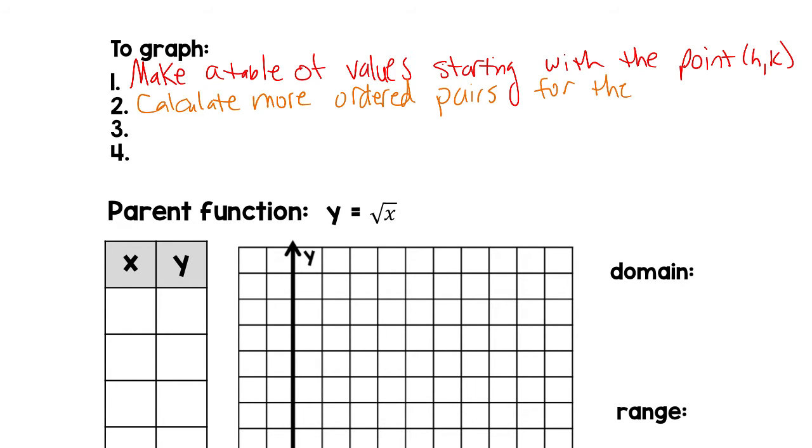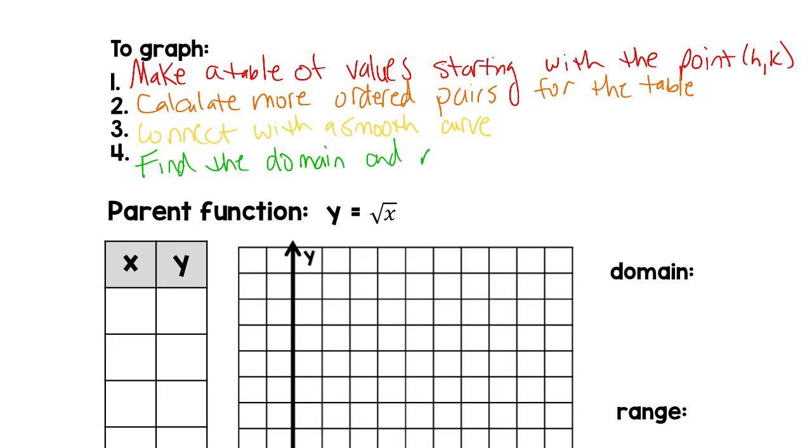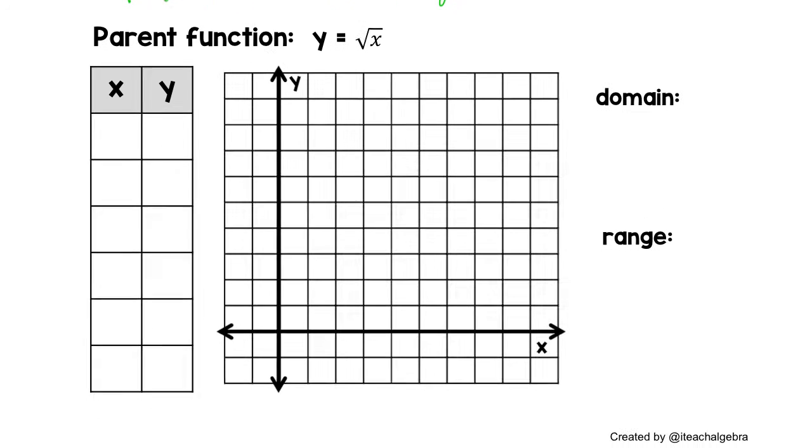And I'll show you how to do that really soon. Step number three, connect with a smooth curve. Last one, number four, find the domain and range. All right, those are the steps. Let's put those into action.